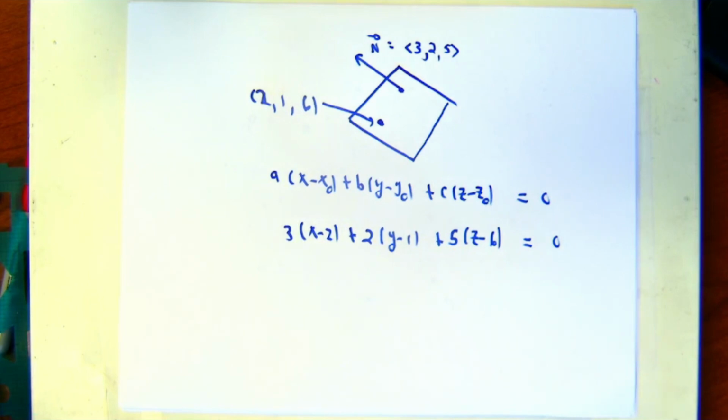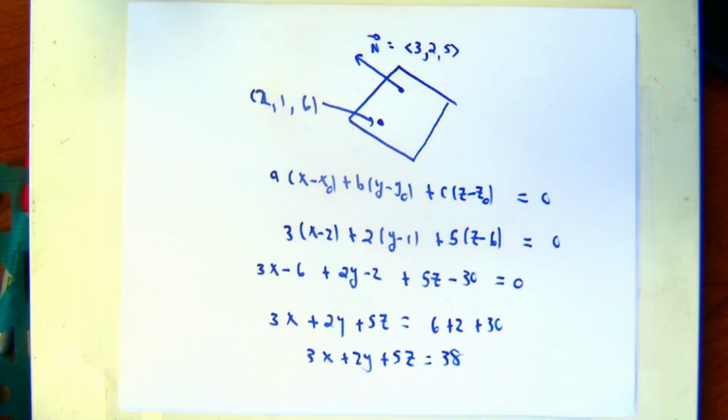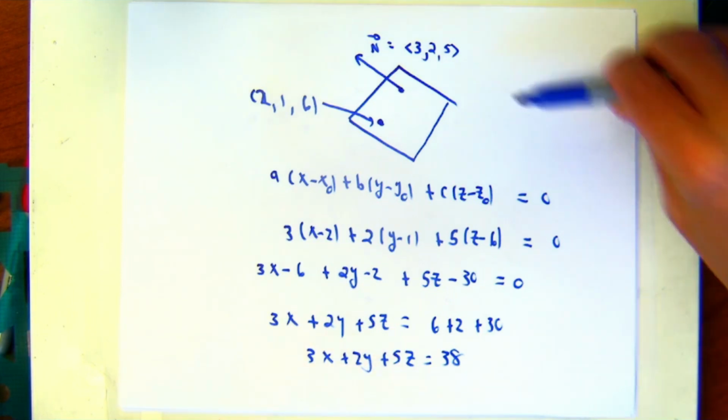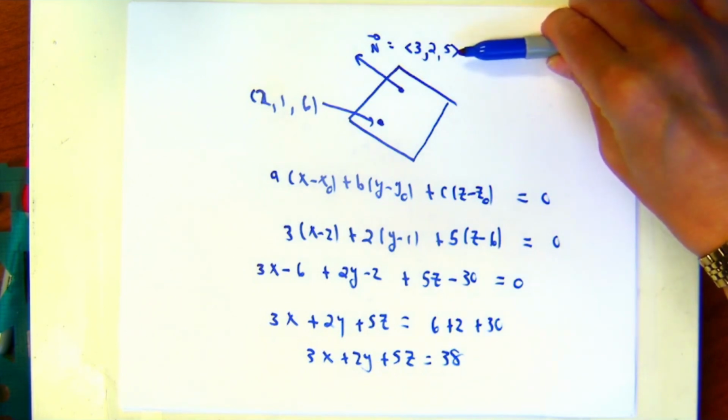If I was comfortable leaving it in that format, I'm done. If I'm not, I can multiply it all out and move the constants over to the other side. But even in the simplified form, something times x, something times y, something times z, 3, 2, 5, are the components of the right angle vector.